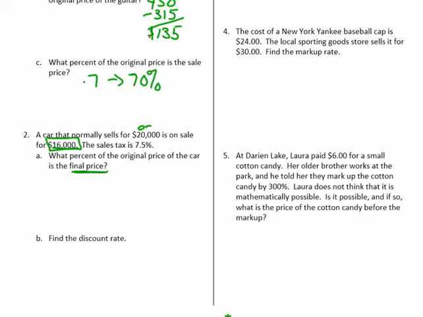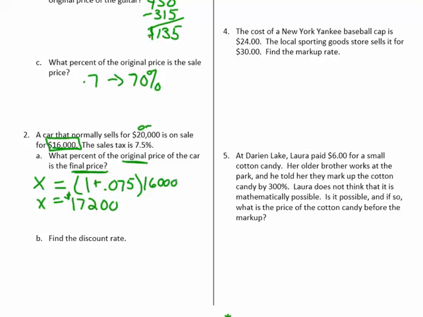So I'm looking for the final price, the selling price. It's a markup, so I'm going to do 1 plus 0.075 times the $16,000. When I do that, I get $17,200.